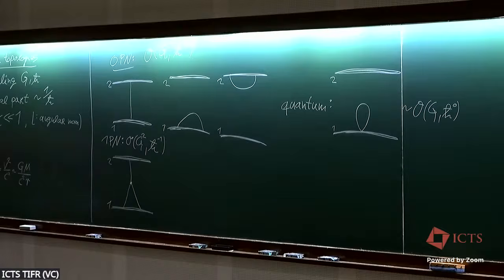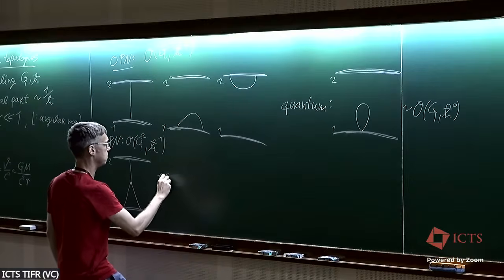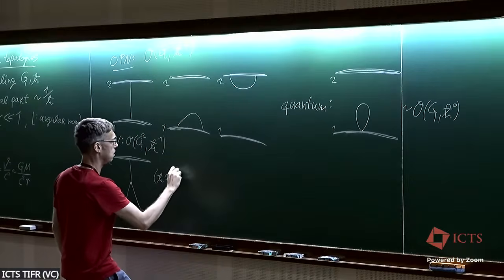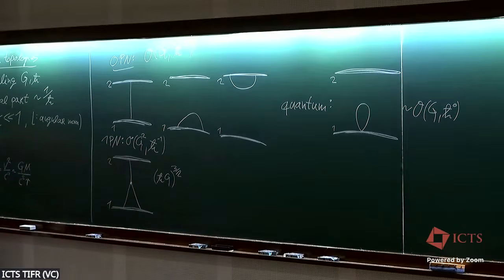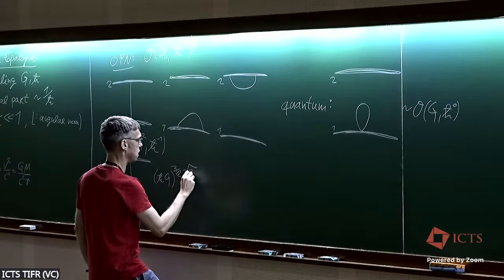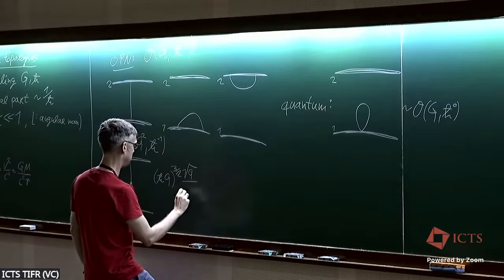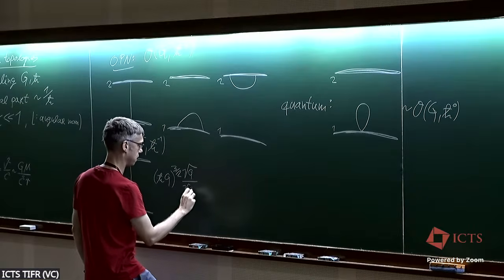Let's write it down quickly: we have h bar times g to the power of 3/2 from the field vertex, and then we have this guy here, which is square root of g divided by square root of h bar.